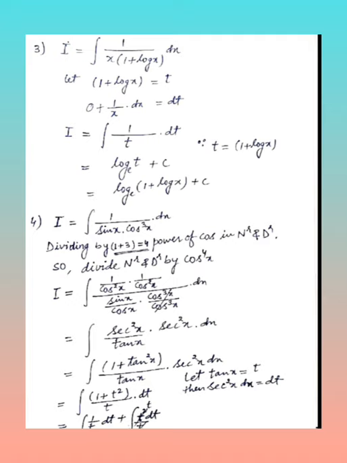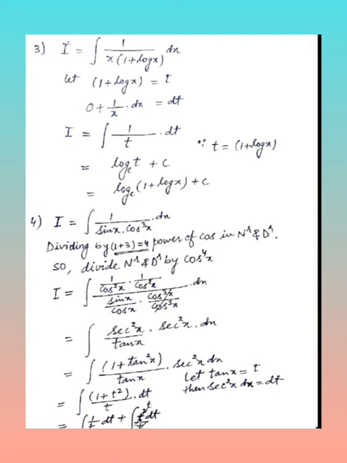Example 4. I is equal to integration of 1 upon sin x into cos cube x dx. In this case, first of all, we add the powers of both functions, sin x and cos x. The sum of their powers is 4. So we always divide by cos with power equal to this sum.